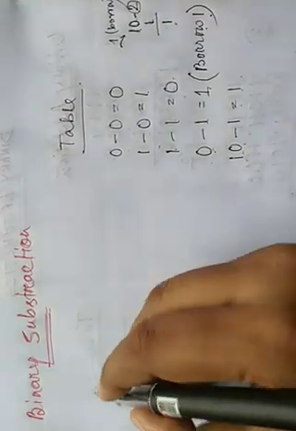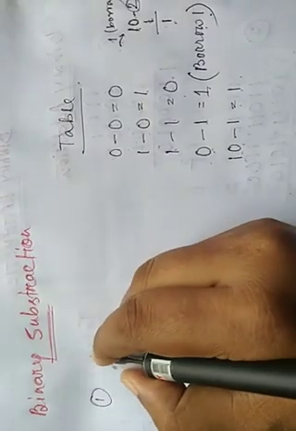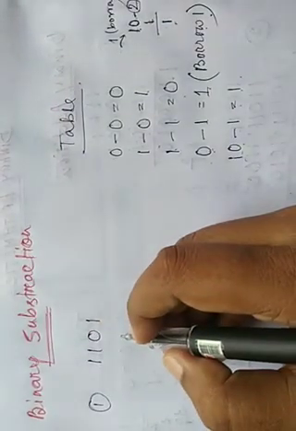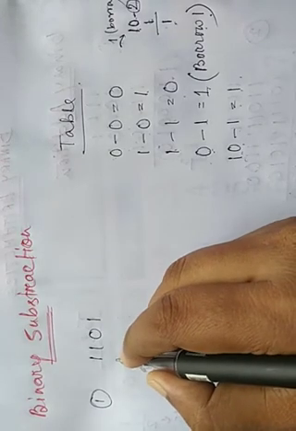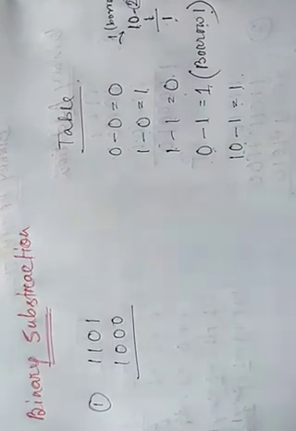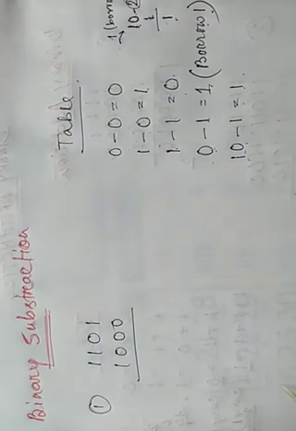Now let us start. Our first subtraction is, suppose, 1101 minus 1000.